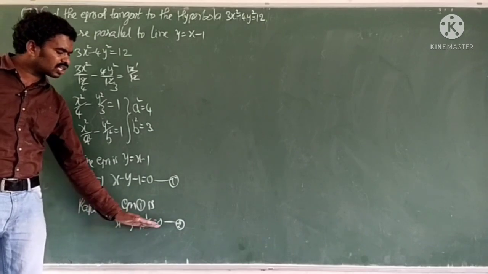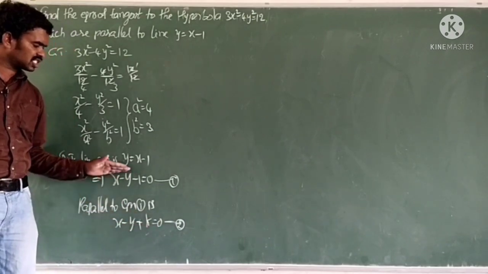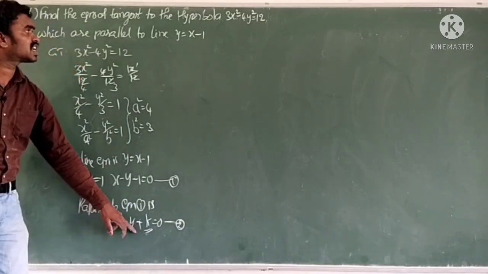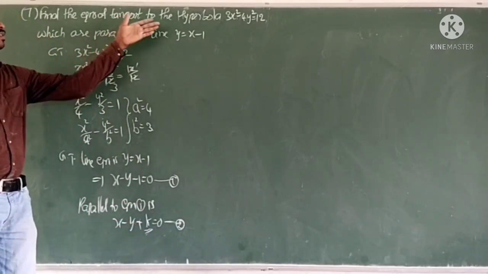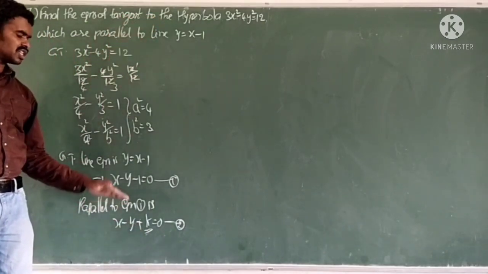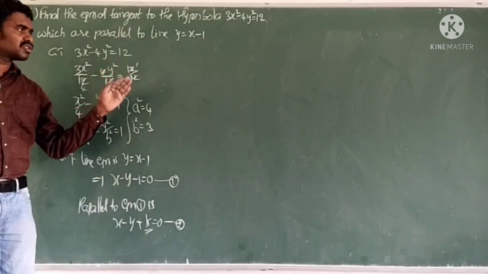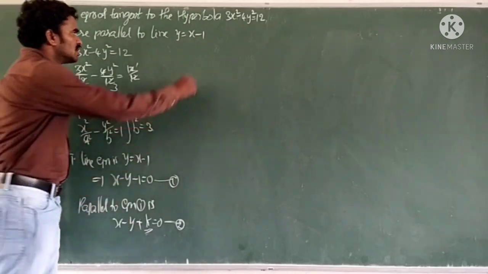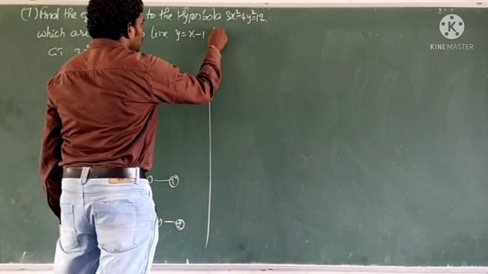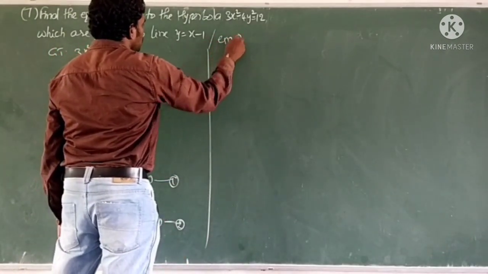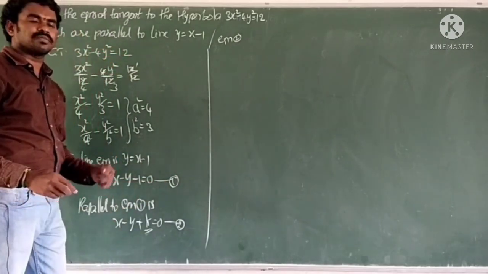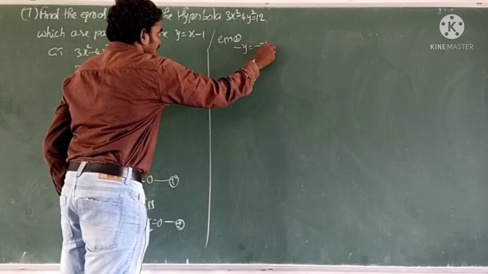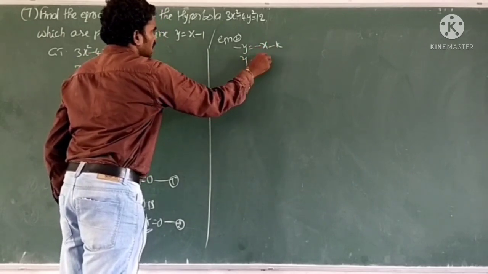Here we got the parallel to this equation, but we don't know the k value, and this is tangent to the given hyperbola, so we can use the condition. Before using the condition, this must be in the form of y equal to mx plus c. So equation 2 I am going to transform into y equal to mx plus c form. That means minus y equal to minus x minus k, then y equal to x plus k.